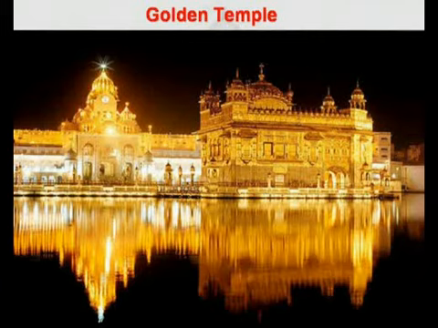This architecture is best manifested in the construction of the Golden Temple at Amritsar in 1764, built by the 4th Sikh Guru Ram Das.